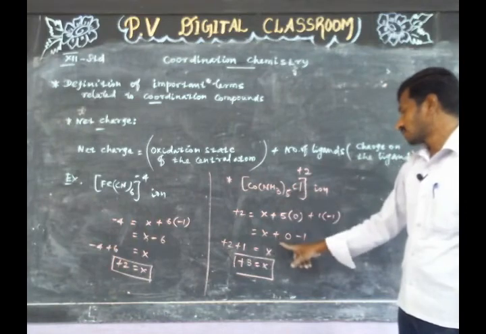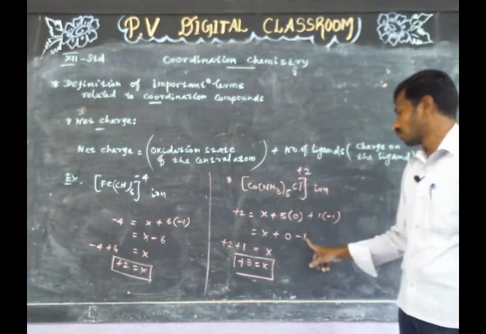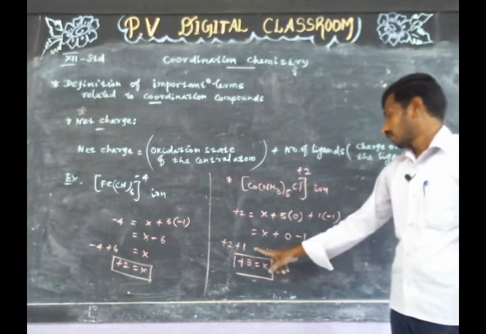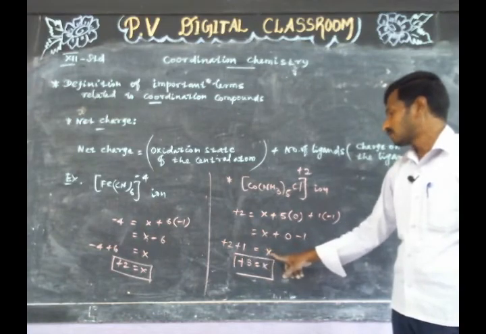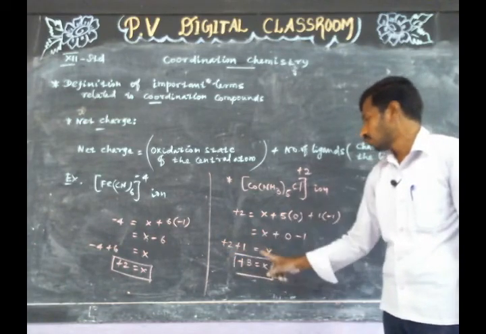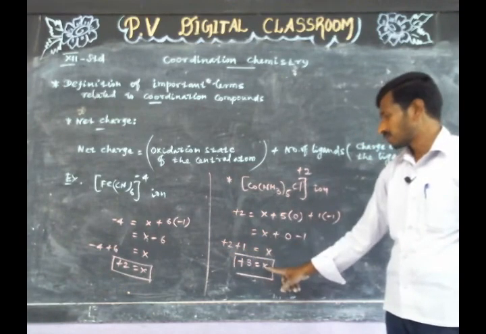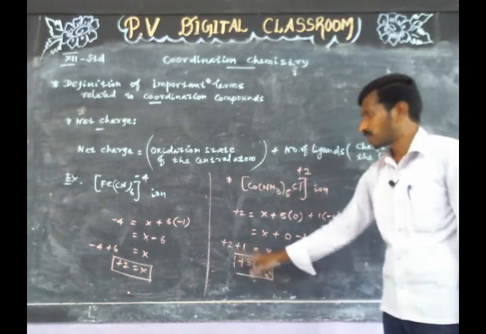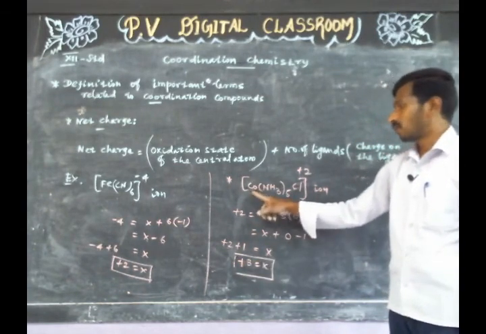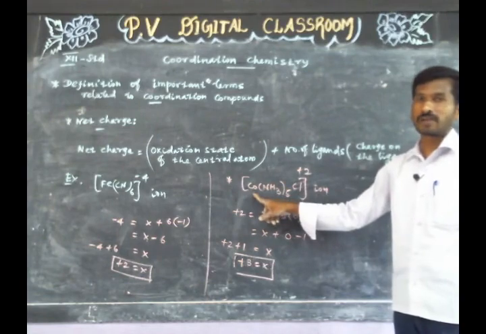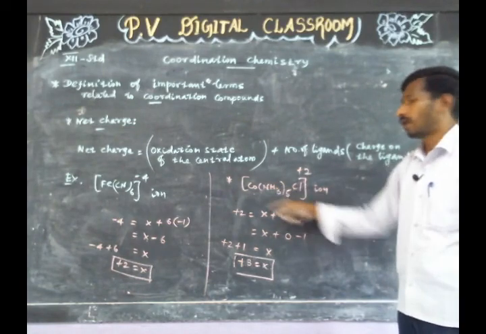X + 0 - 1 = +2. Therefore, X is equal to +2 + 1. Hence, X is equal to +3. This +3 represents the oxidation number of the central atom, namely cobalt, in this compound.